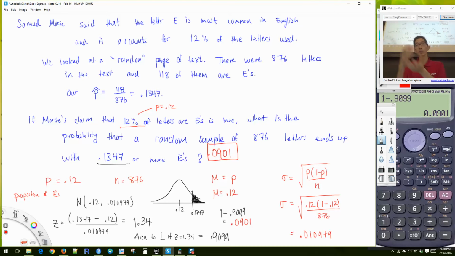I'm asking what's the probability associated with getting a certain percentage of E's. So I guess if you want to say it's a percentage of a percentage associated with a percentage, that's okay. But I think it's better to think of it as a probability associated with getting a certain percentage.